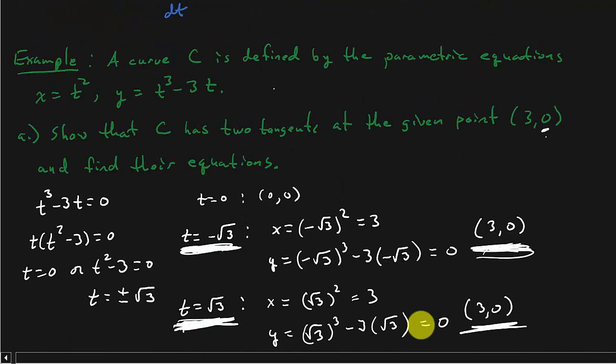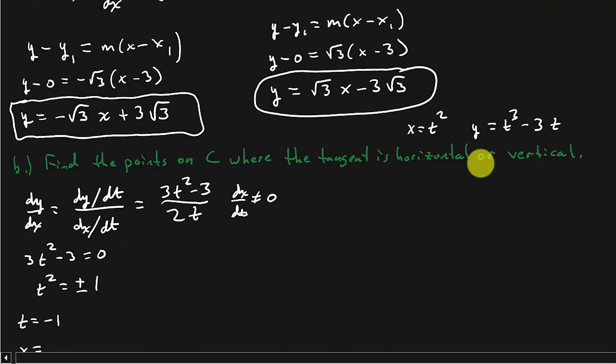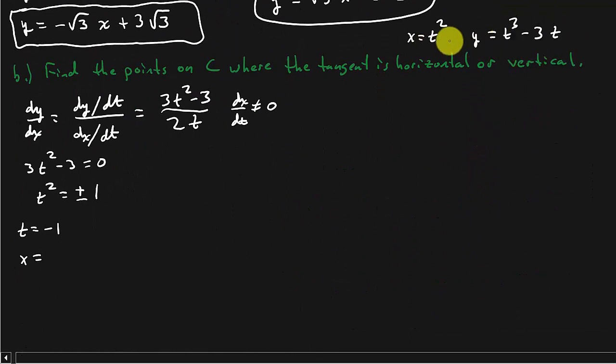I believe that's the problem. So here's our original parametric equations. So x is equal to -1 squared, which is equal to 1, and y is equal to -1 cubed minus 3 times -1, which is equal to 2.